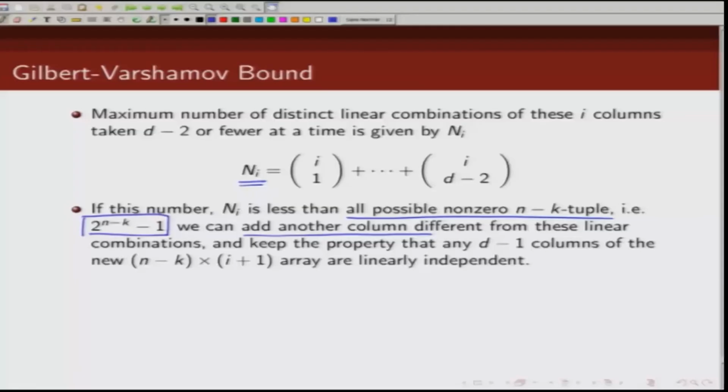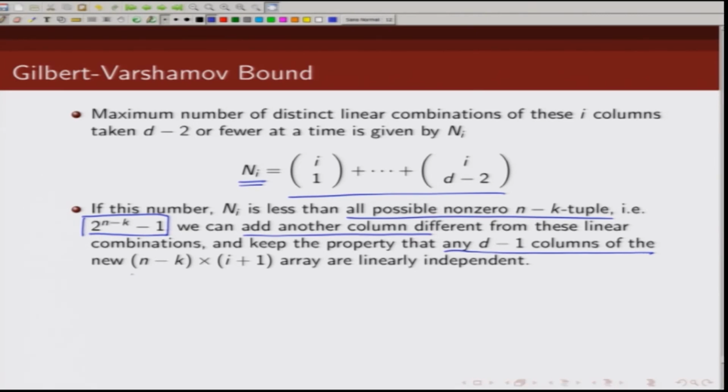So, if we can ensure that this number N_i is less than 2 raised to n minus k minus 1, then we can add another n minus k column which would be different from any linear combinations counted here. And this will keep the property that any d minus 1 columns of this newly constructed H matrix, where we are adding this column, would not add up to 0.